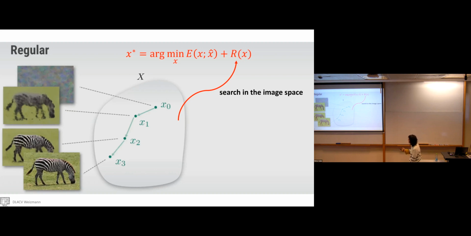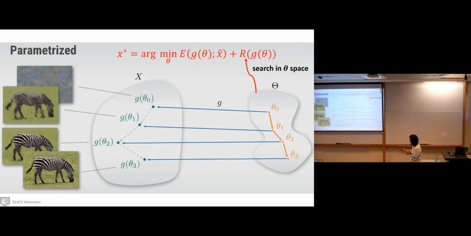But there is another way to employ this optimization, and this is the idea that was used in deep image prior. The idea is the following. I'm going to make a parameterization. What do I mean by that? I'm going to search in the space of the parameters, the space of theta, but I have a mapping from the parameters to the image space. I'm going to do the gradient descent here, and every time I know what is the mapping into the image space, okay?